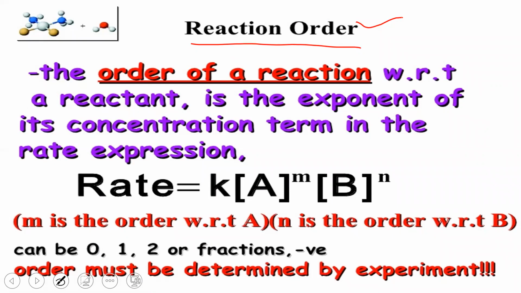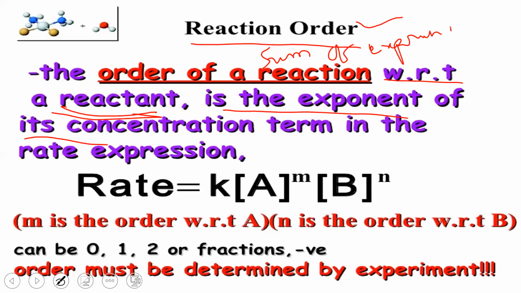Order of the reaction means, with respect to the reactants, it is the exponent of its concentration terms in the rate expression. That means order of the reaction is simply the sum of the exponent values of the reactants in a rate expression.